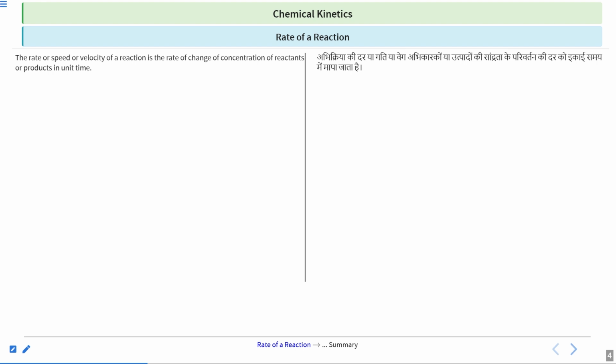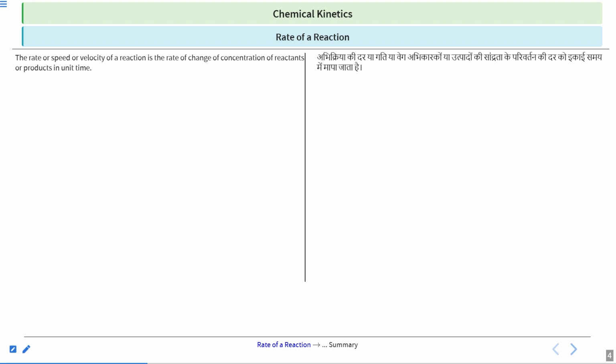Now, when we are talking about a moving body, what do we analyze? We analyze the distance covered per unit time. But in case of a reaction, we don't have any distance. So we have a thing which is analogous to this distance, which is the change in concentration of reactant or product.